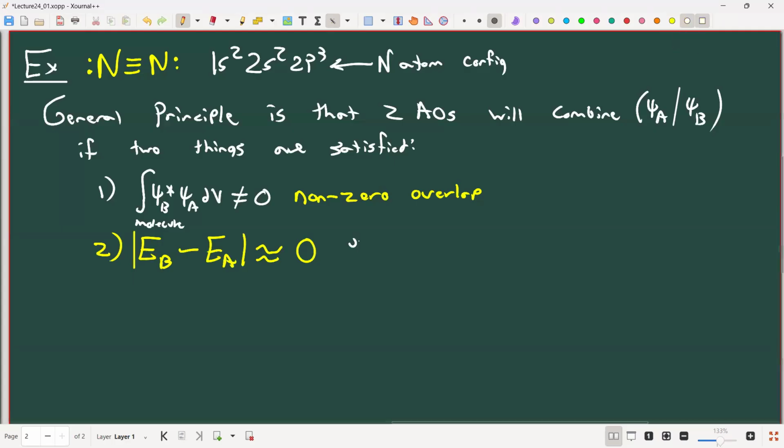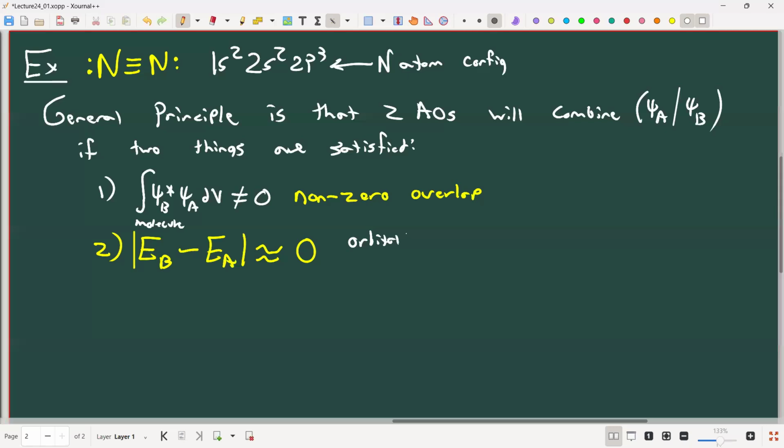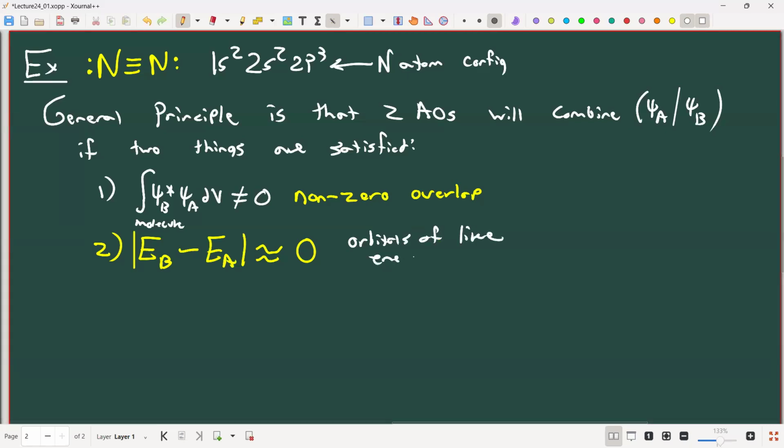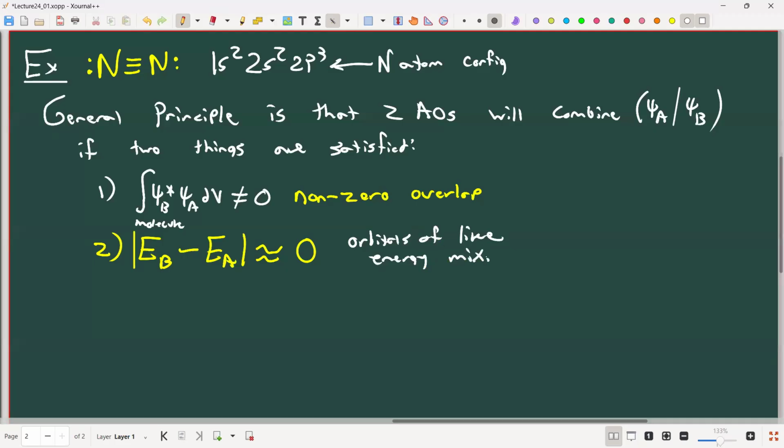So orbitals of like energy will mix. That helps us. If two orbitals in two different atoms are very different in energy, I don't have to worry about the combination. They're only going to combine close to each other. We can think about that as overlap. In some ways these are saying the same thing.